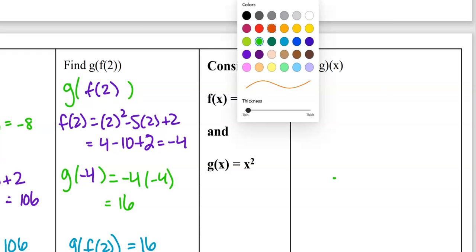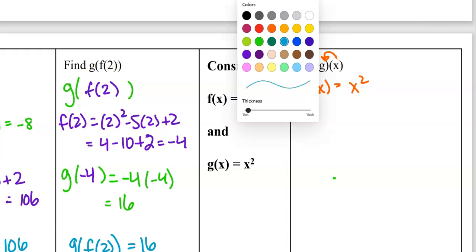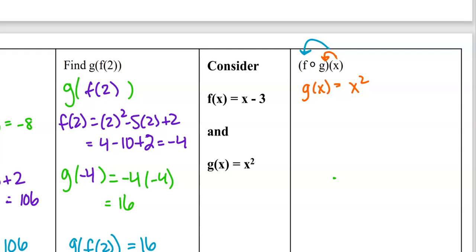Okay. So look at this one. Technically, if I plug x into g, don't I still just have the g of x function? So I'm not changing anything. So think of the process as the same. I'm still plugging in an x for x, so it's not changing. But now I have to take x squared, and I have to plug that into f.